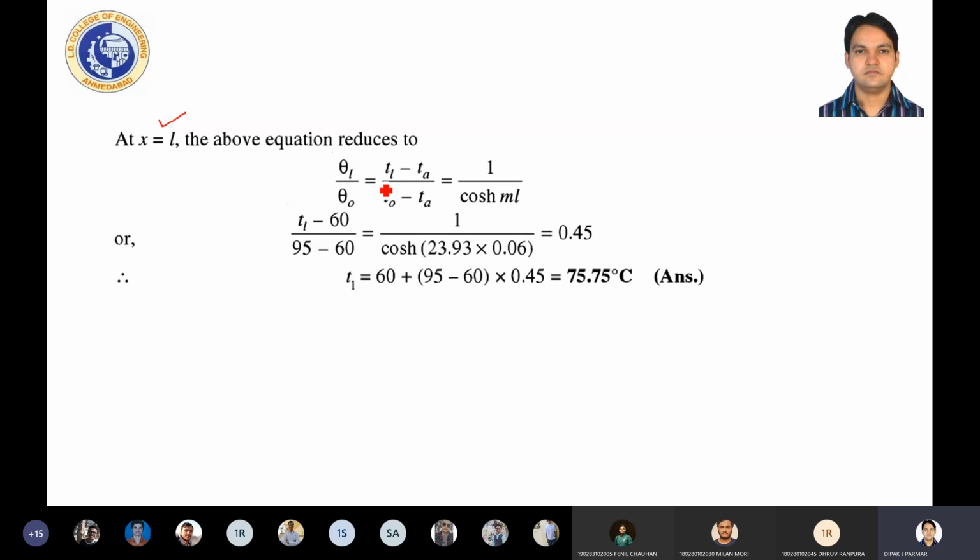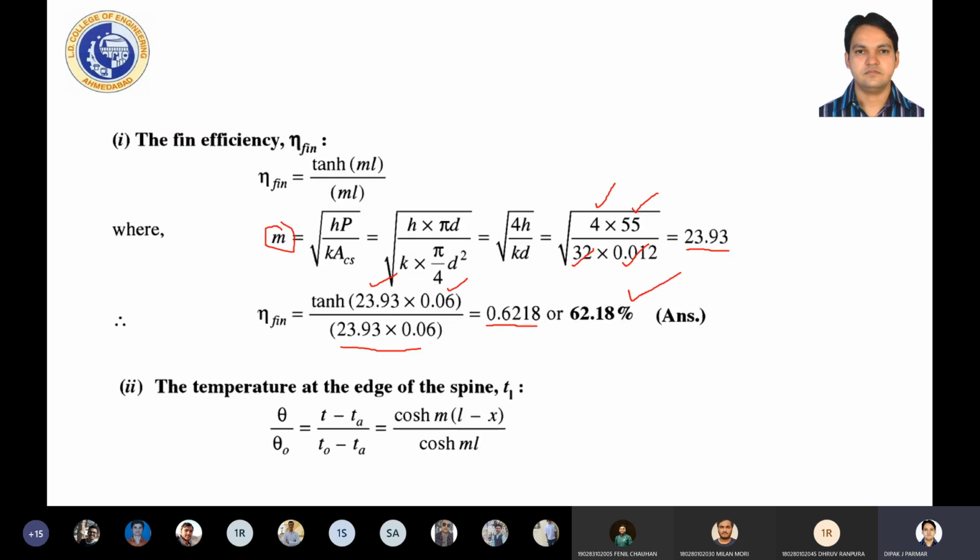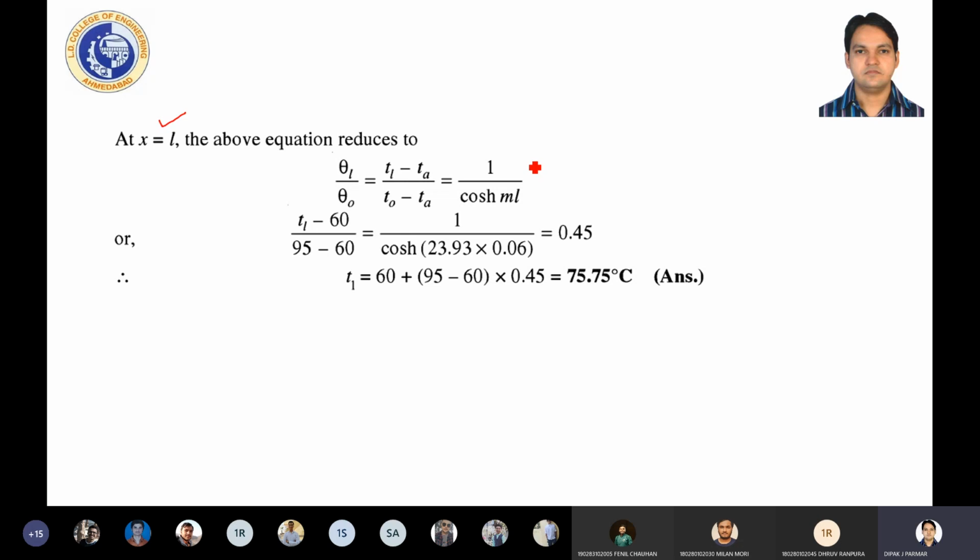So the above equation will be reduced to TL minus T infinity divided by T0 minus T infinity, where TL is the temperature at x equal to L. As this term will be 0, cosh 0 will be equal to 1, so it becomes 1 divided by cosh mL. Now you put in the values which are known to us.